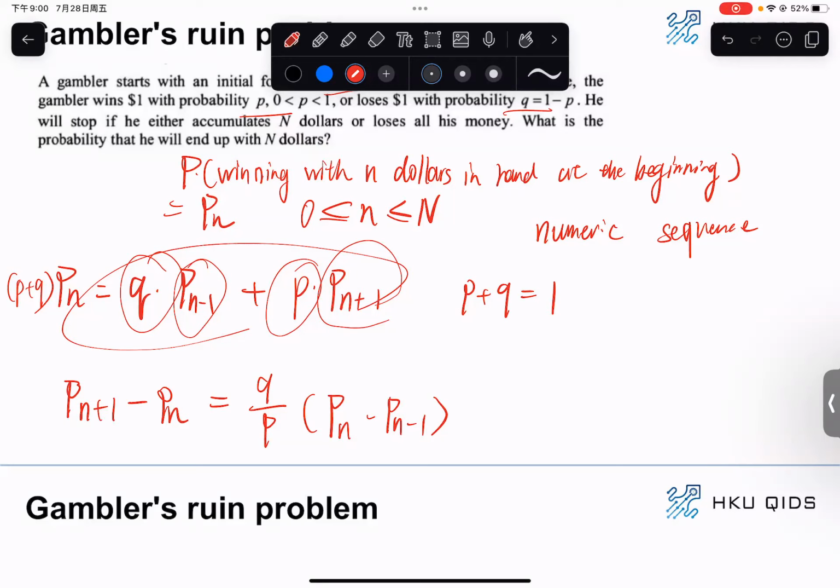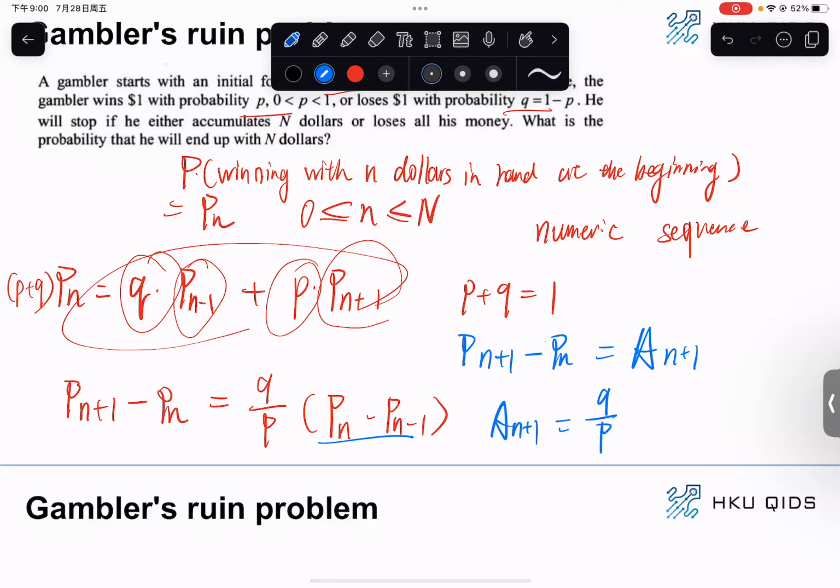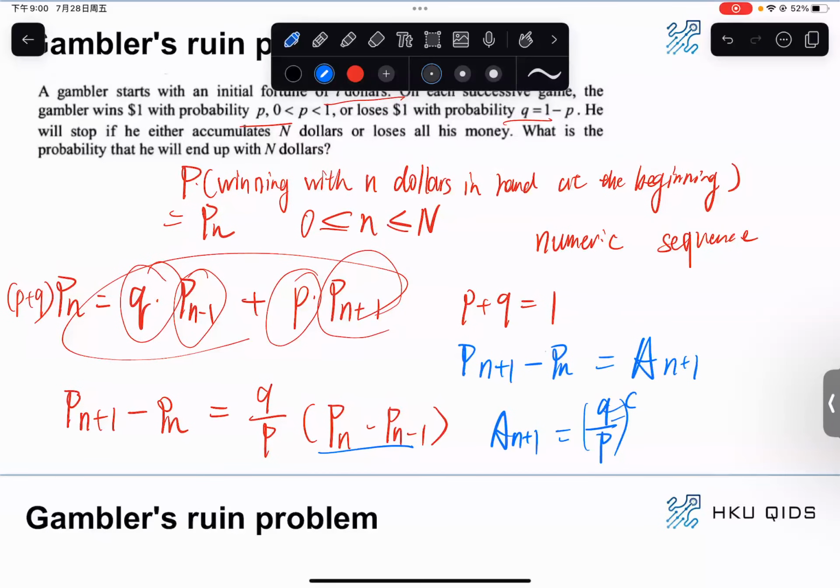And now we can further denote this Pn plus 1 minus Pn as something, let's call it An plus 1, okay? Then we have An plus 1 equal to Q over P times An. Let's denote Q over P as C. Okay, let me rewrite it. So Q over P equals C, then this is going to be C times An.